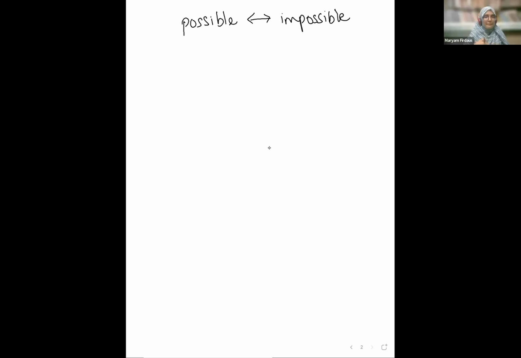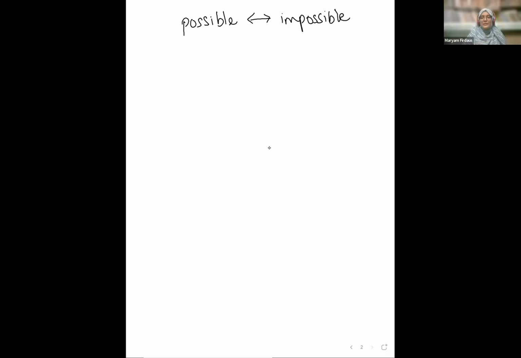If something is impossible, what does that mean? Like it's never going to happen. Never going to happen. What will be the opposite of that then? Are we sure that it will happen, or that it can happen? It can happen.